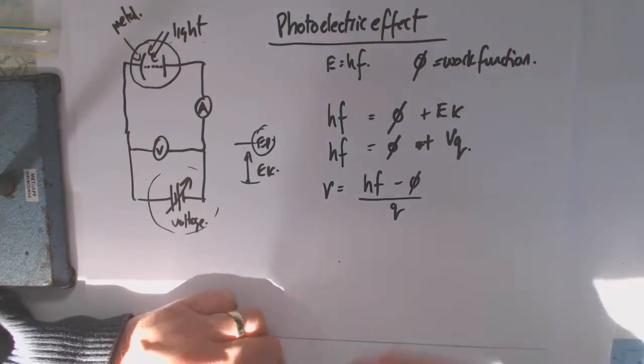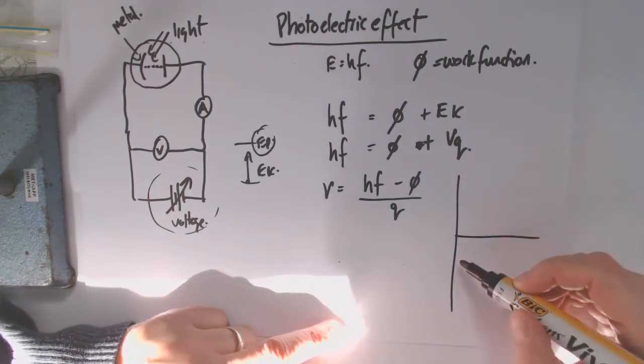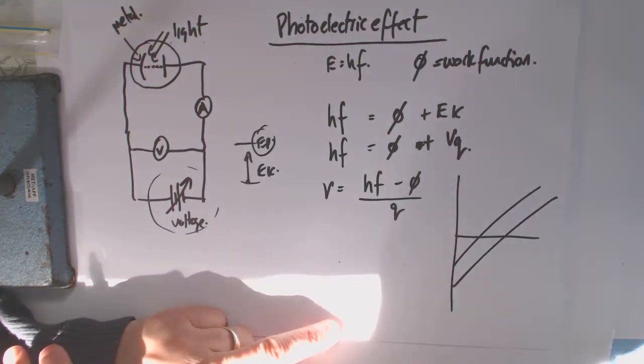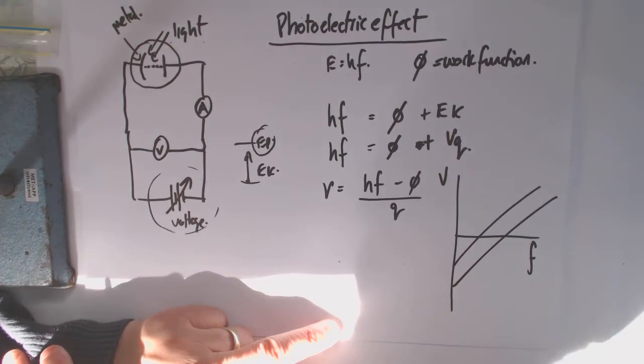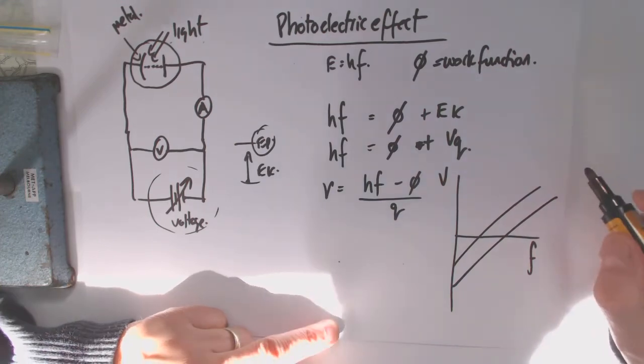And that we can graph. Hopefully everything's still there. And we get graphs like this. And you can see, by the way, this is voltage against frequency. The graphs are always going to be these parallel lines for these different types of metal.